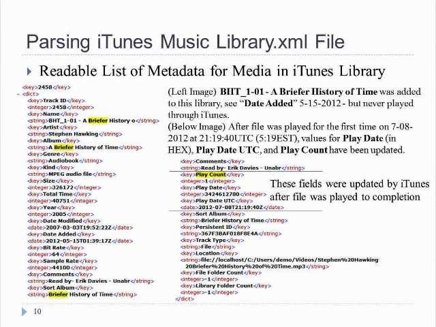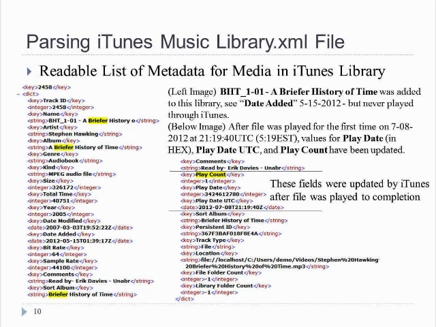Moving along to the XML file, this is just your standard XML file. You can open it up in any Word, Notepad, HTML type of browser or program, and you can clearly read all of the information in the file. It has track information or video information, such as the track ID, which is a unique identifier for that particular MP3 file or video file.